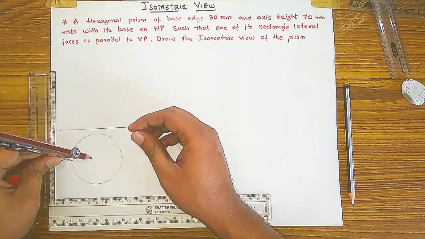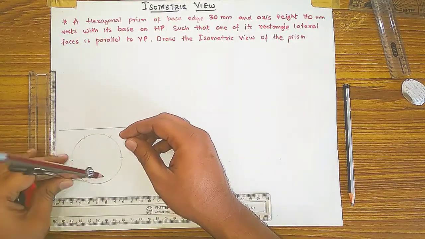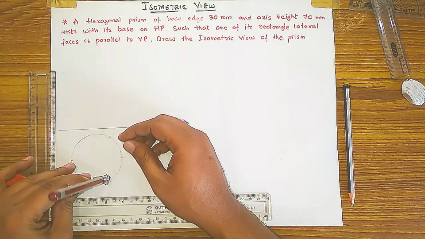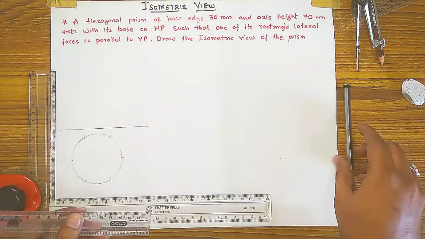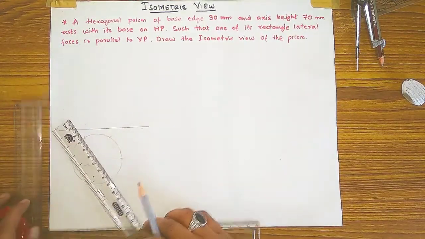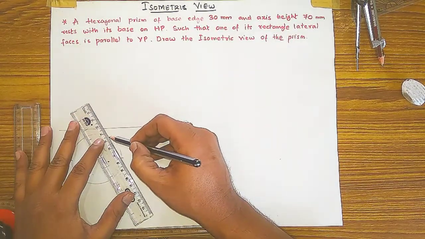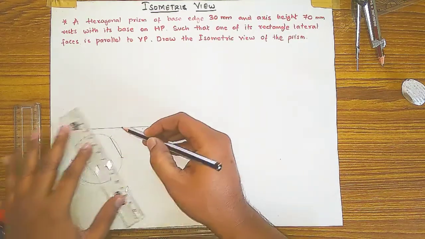To draw the hexagon I am showing you. You can draw with a different method also, if you know a different method to draw a hexagon. After drawing these arcs you have to draw the lines from arc to arc like this.